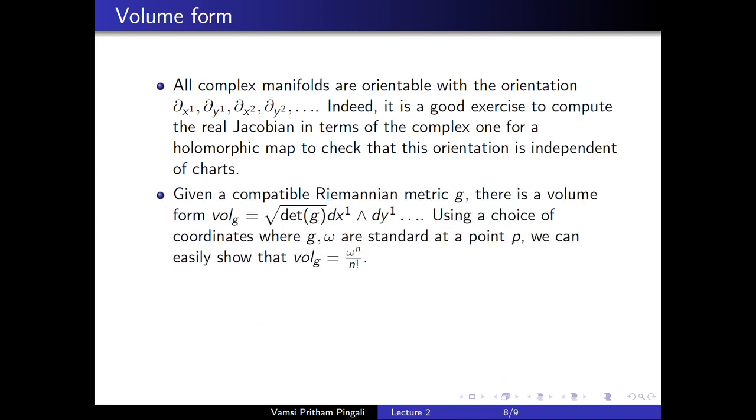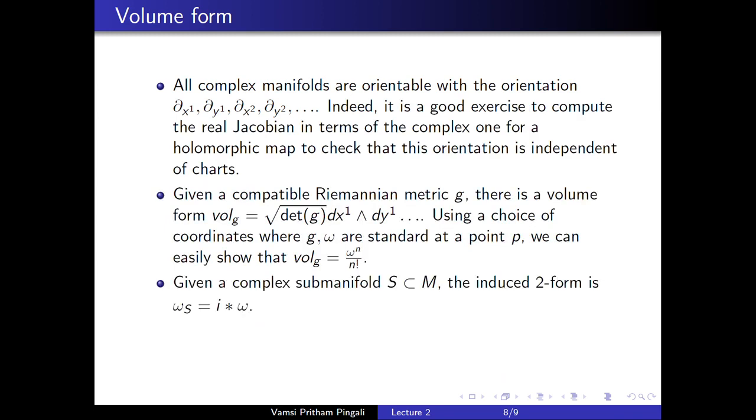What's even more fascinating is if you give me a complex submanifold, you have an induced Riemannian metric, right? Like, for example, if I take R3, I mean, forget complex geometry for the moment. If I take R3 and take a surface in it, the metric on R3 gives me a metric on the surface, and the volume form of the induced metric is the area form, right?